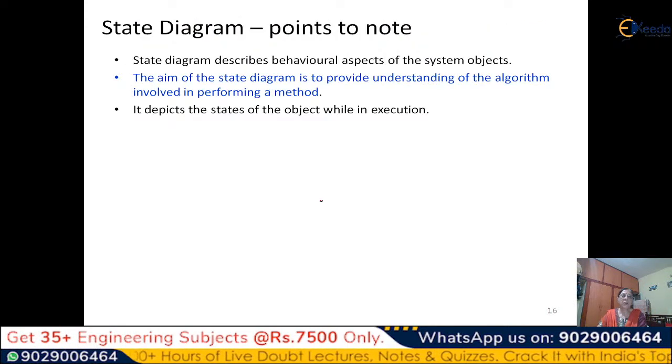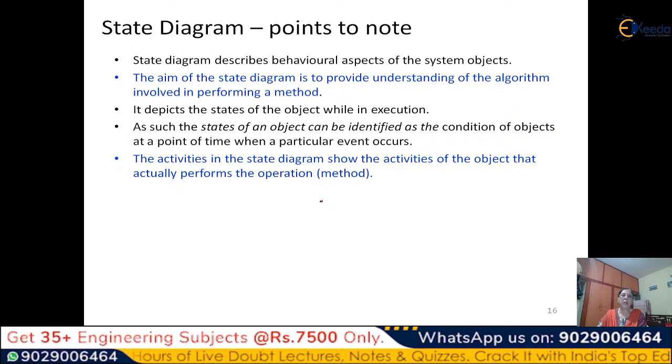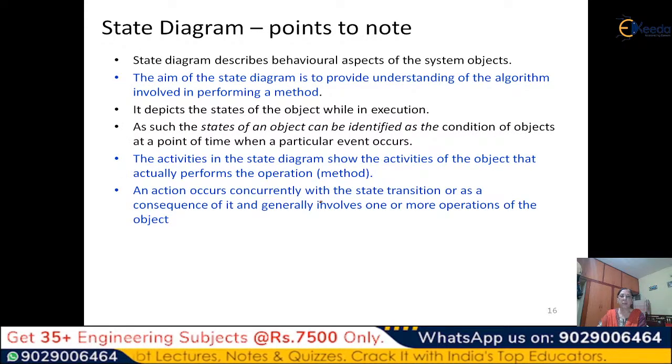What we have to note here is that the state diagram describes behavioral aspects of the system. The aim of the state diagram is to provide understanding of the algorithm involved in performing the method. As you can see, we have gone into the details of what action it is doing, so basically it is telling you the algorithm. It depicts the states of objects. Whenever there is a dynamic change in the state, then in that condition we are telling the algorithms.